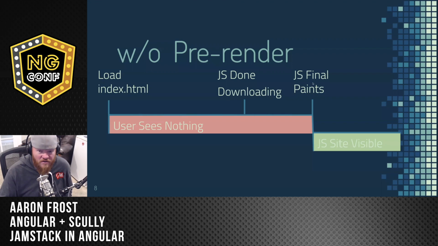As soon as JavaScript's done downloading, it doesn't immediately paint the whole site for most people. Then it still has to do a little bit of talking to your backend to get some data before the JavaScript site is visible. But this whole time, while they're downloading the index.html, the CSS, and the JavaScript, and then they process the JavaScript and start to paint, the user didn't see anything. They just saw a blank page, right?